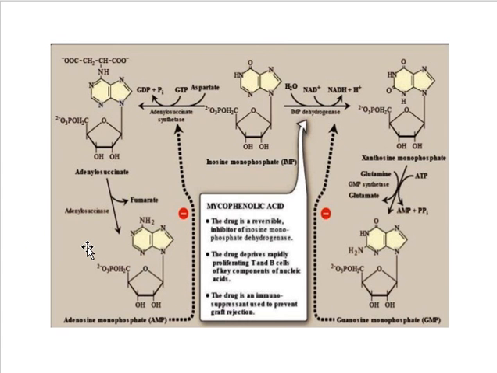Another synthetic inhibitor is the mycophenolic acid. This mycophenolic acid basically inhibits the enzyme IMP dehydrogenase, so the conversion of IMP to GMP.